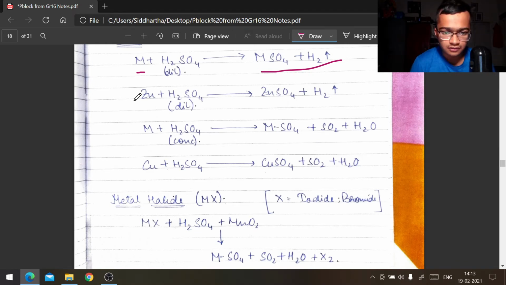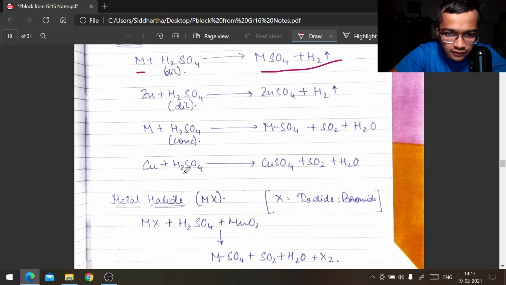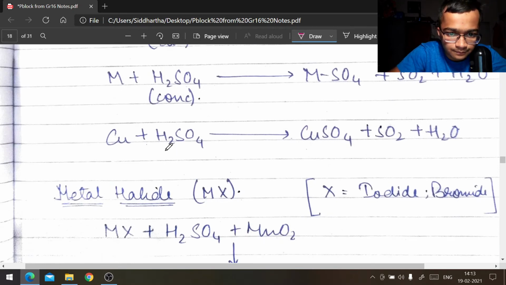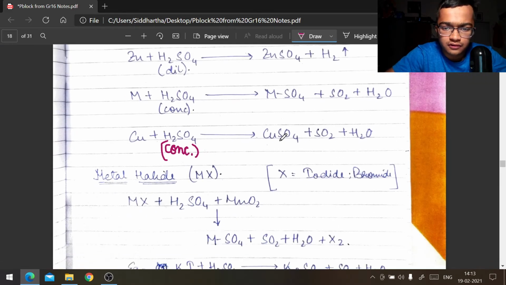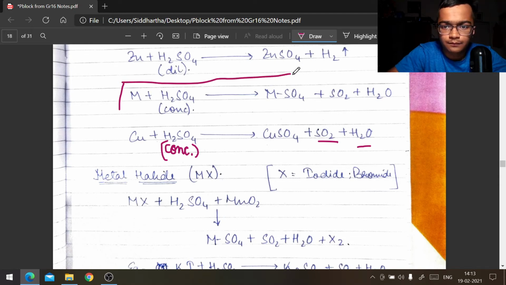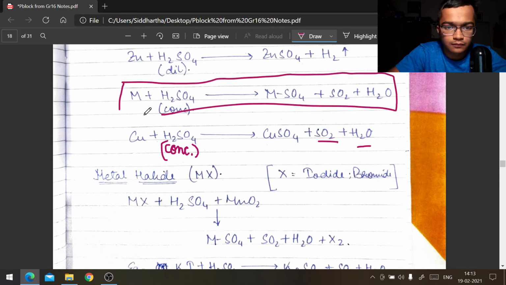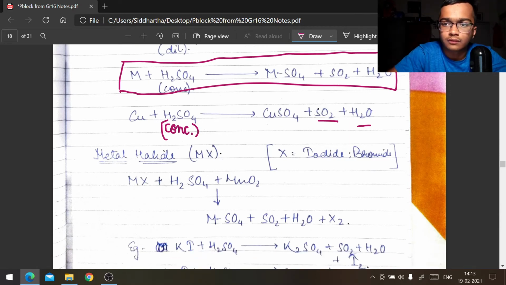Suppose you take Cu plus H2SO4, in this case H2SO4 is concentrated, let's write here concentrated. Now Cu with concentrated H2SO4 gives CuSO4, SO2 plus H2O. See, the layout is maintained.